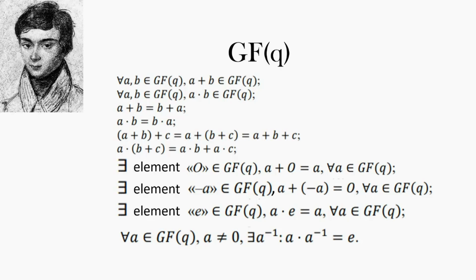A multiply B is also equal to B multiply A. (A plus B) plus C is equal to A plus (B plus C), and it's equal to A plus B plus C. A multiply (B plus C) is equal to A multiply B plus A multiply C. For some element 0, where 0 is an element of GF(Q), A plus 0 is equal to A, for any A in GF(Q).